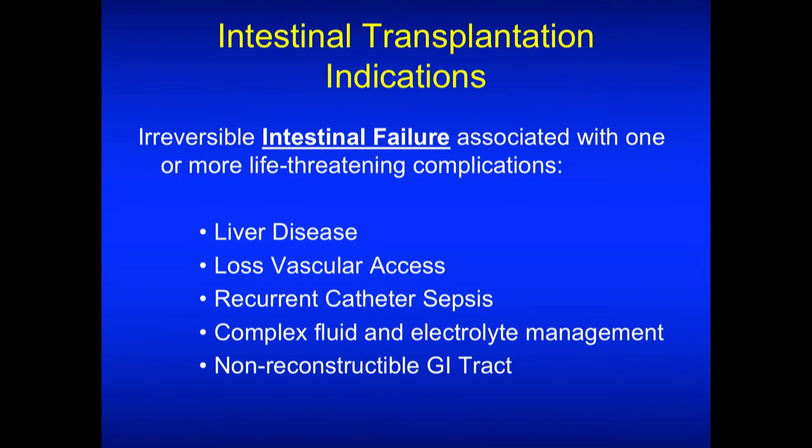Particularly if somebody gets a yeast infection, that is somebody that we would refer for transplantation more promptly. Also somebody who has very complex fluid and electrolyte management, and somebody who has no small bowel or very little small bowel left and has no chance at adaptation and a non-reconstructible GI tract.